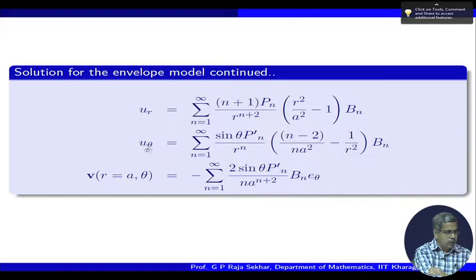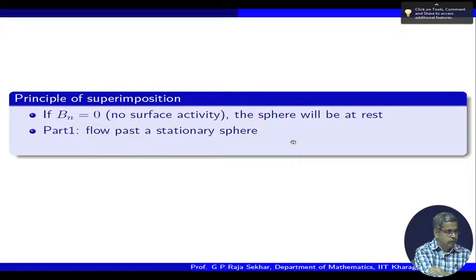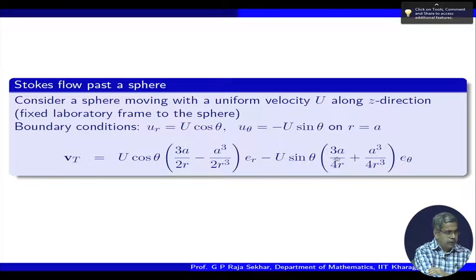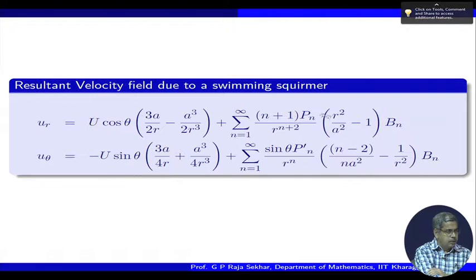This is the radial velocity, and this is the tangential velocity due to the squirming motion. Now, this is the linear superposition: this is the flow past a stationary sphere and this is the squirming. Then we have the combined solution.